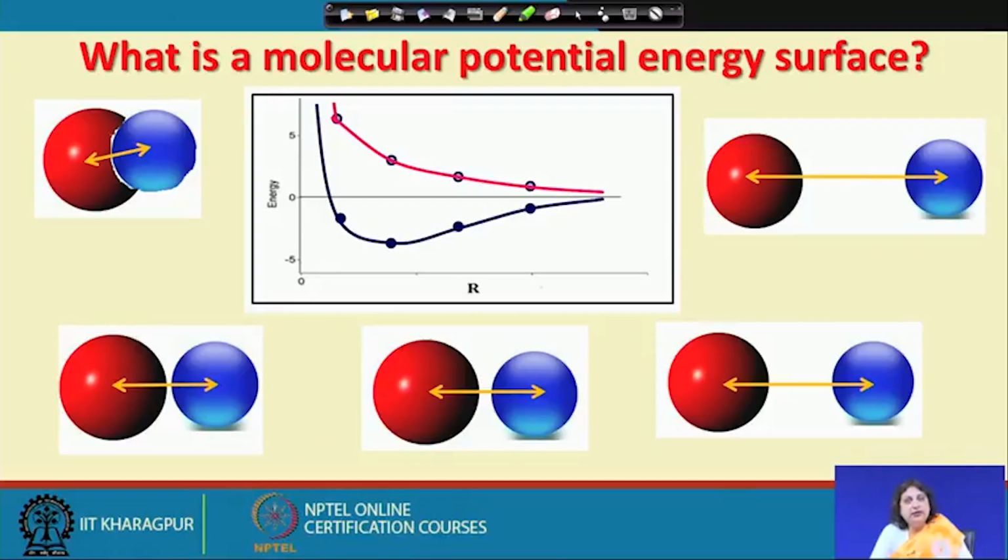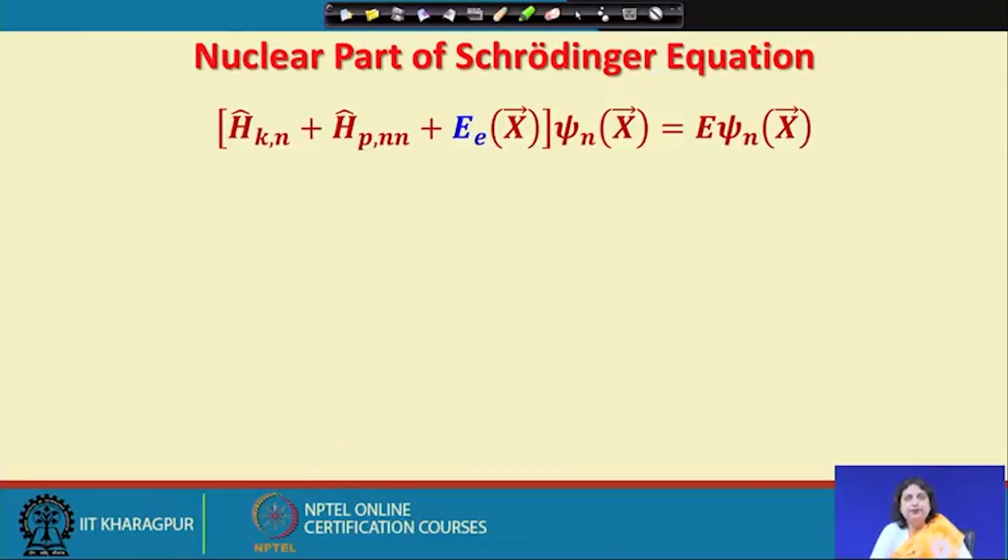What I will get is a molecular potential energy hypersurface with a very large number of dimensions in the case of a complicated molecular system.